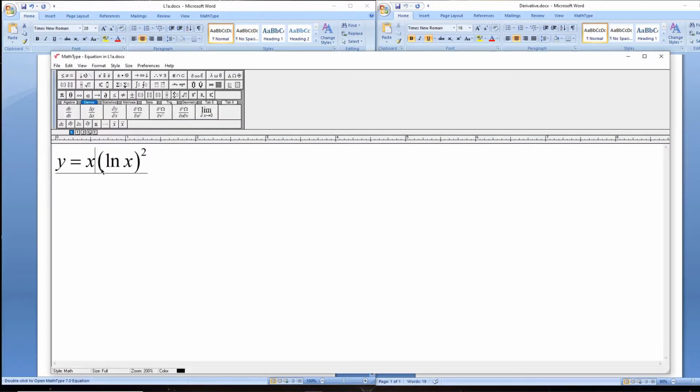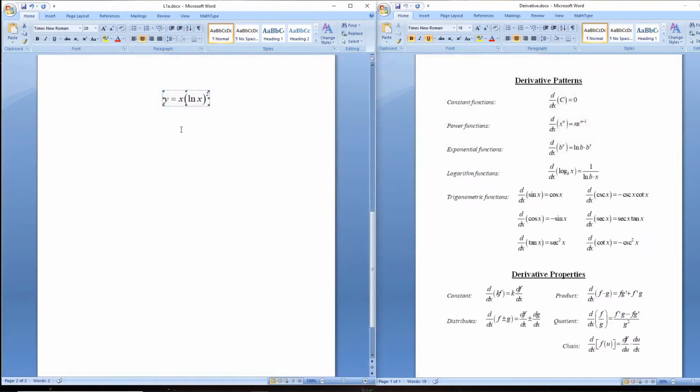So I'll just say it again. This right here is a composite function. It's a log inside a power function. So here's our composite where the chain rule will be. And this is being multiplied by just a power. So we have a product chain rule here. And let's check that out.